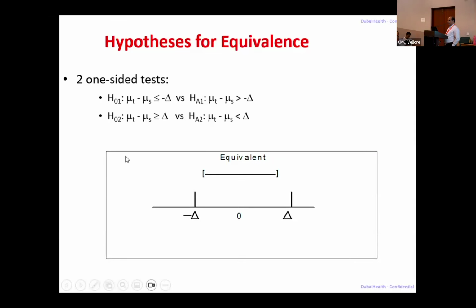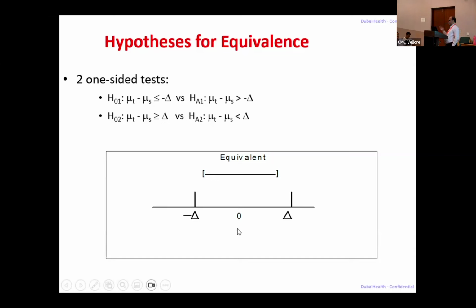The null is that it is below the minus delta, versus the alternative hypothesis that it is greater than the minus delta. That means you fall here. And this is another way of writing it.